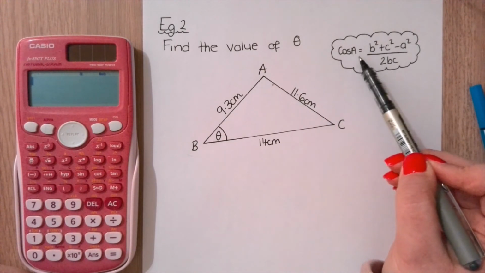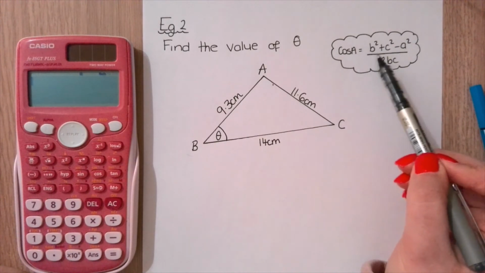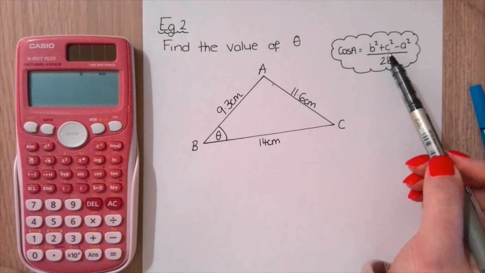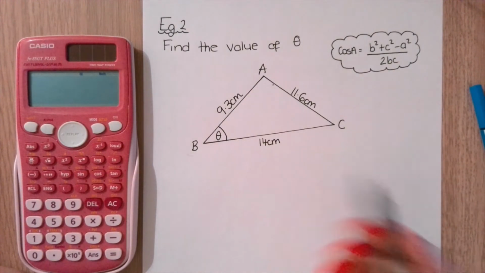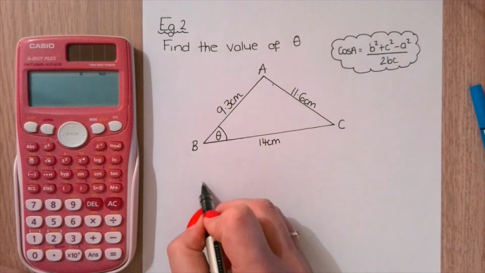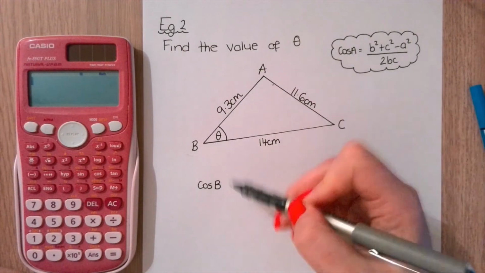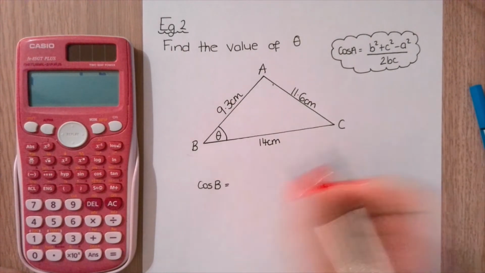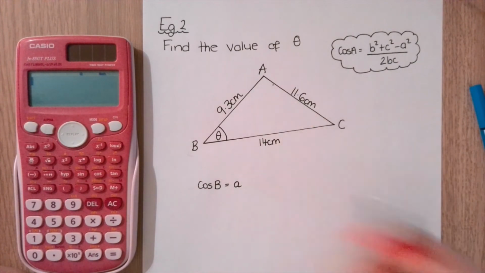I'm going to show you by resubstituting in the values into the A and the B, etc., to show you how that works, rather than just crossing it off. But crossing it off and swapping them at this stage is absolutely acceptable as well. So I'm looking for cos B. I've swapped that A for capital B. Now this lowercase b I'm going to swap for a lowercase a.